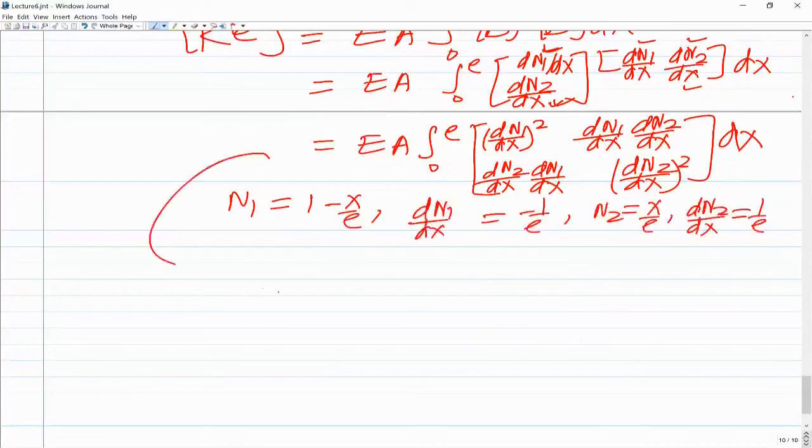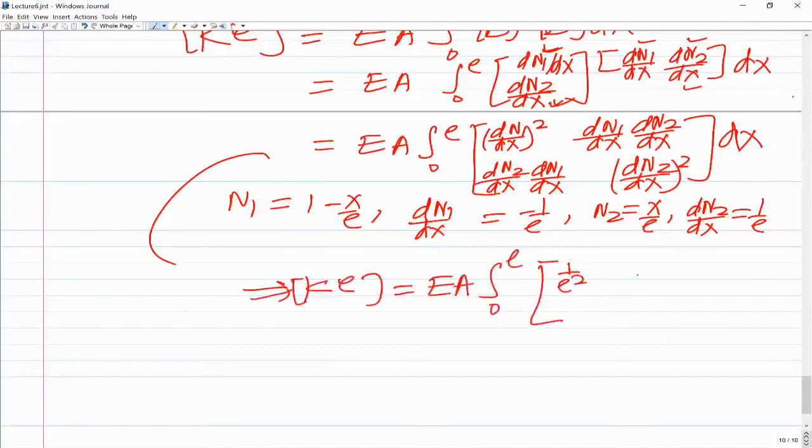So if you put these values, you can say finally that the element stiffness matrix Ke would be equal to EA integration 0 to L, and then we have dN1 by dx whole square. So we will get 1 by L square, and this product will be minus 1 by L square, minus 1 by L square, and 1 by L square into dx. And now in the matrix you have to integrate each element.